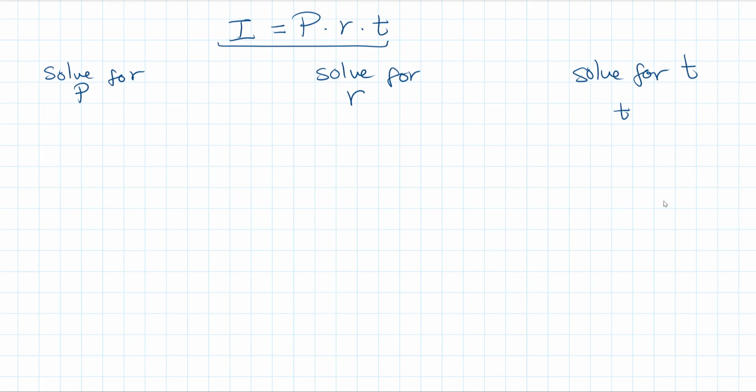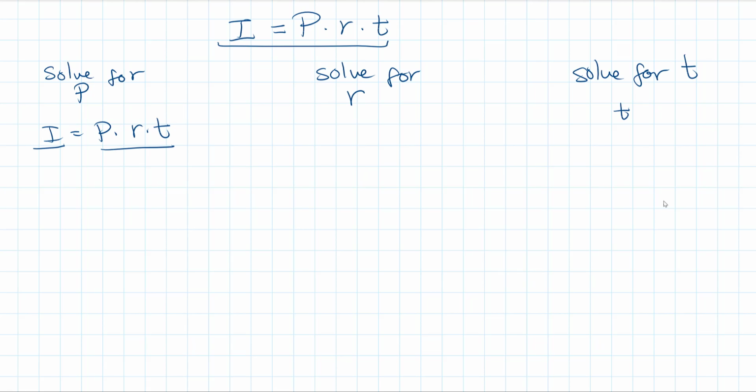So when we solve for P, we have I equals P times R times T. We will use the division property of equations, and if you don't remember what that is, please take a quick look at the playlist for the linear equations. But basically we can divide both sides of the equation by the same factors.